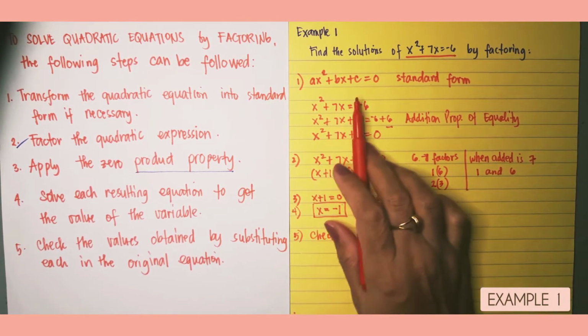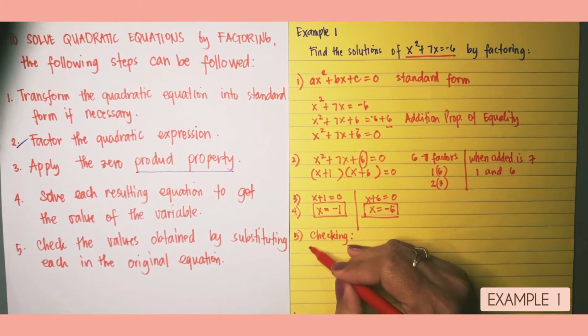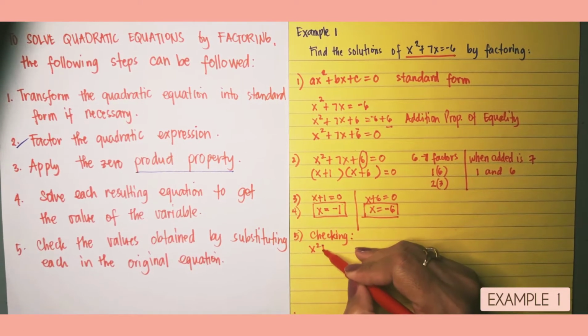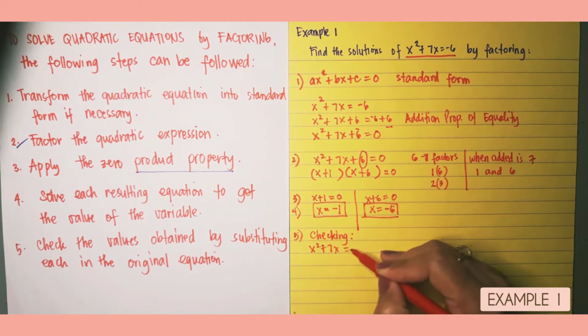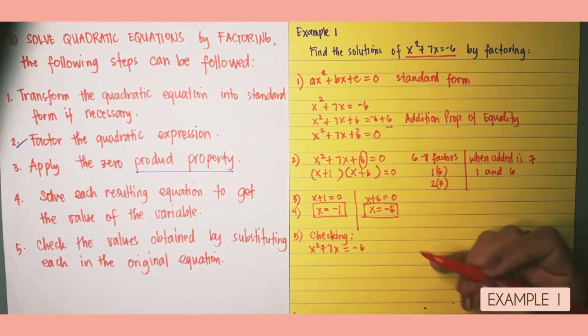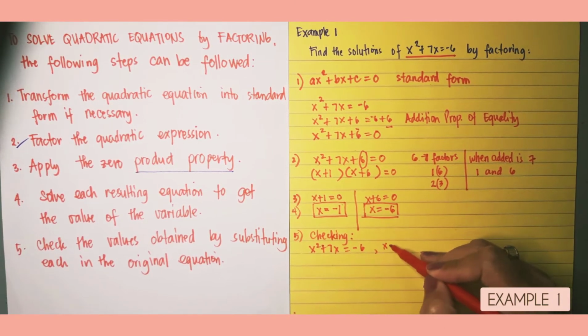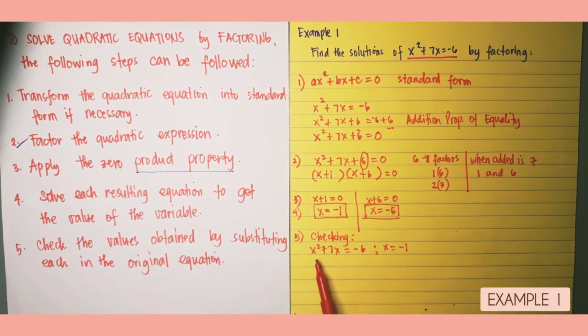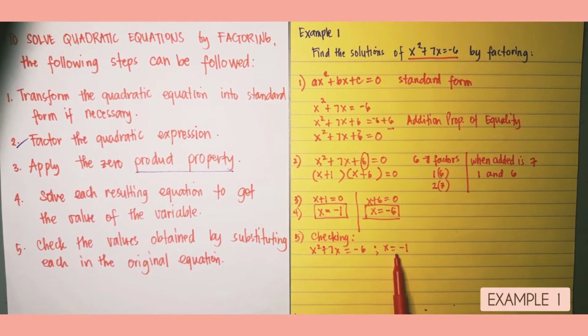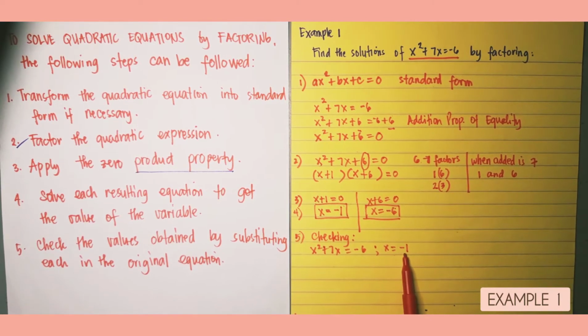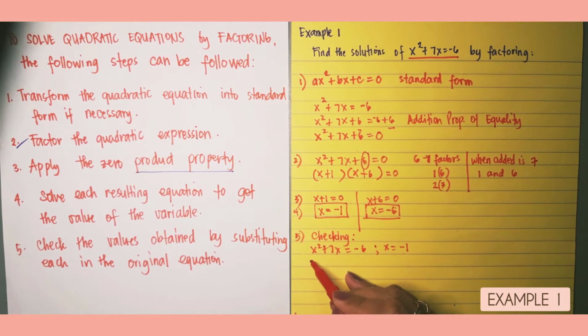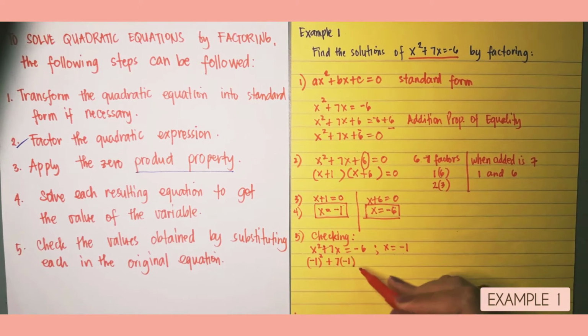Using the original equation, x squared plus 7x is equal to negative 6, if x is equal to negative 1, what we need to do is simply substitute the first value of x, which is negative 1. So you have negative 1 squared plus 7 times negative 1 equals negative 6.